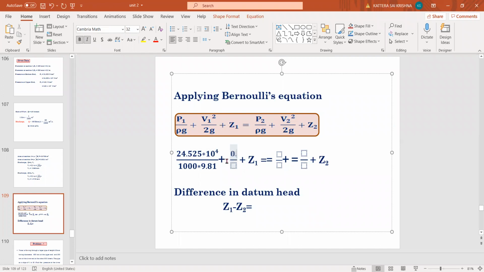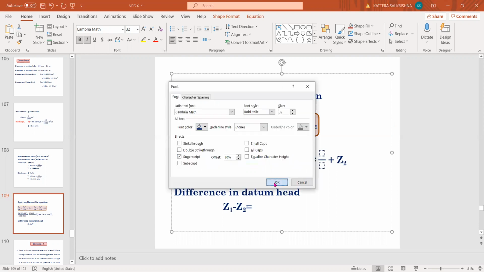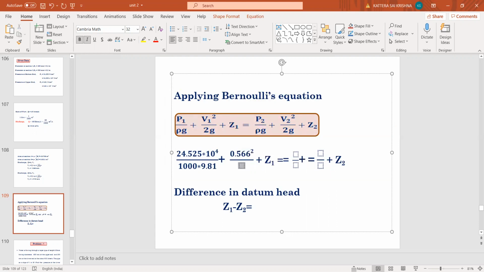How much is the V1 value? 0.566 square divided by 2 into 9.81, plus Z1, we don't know.